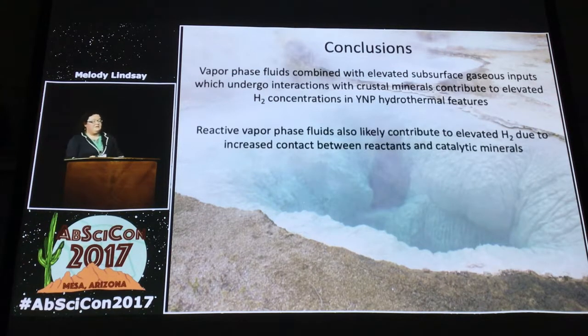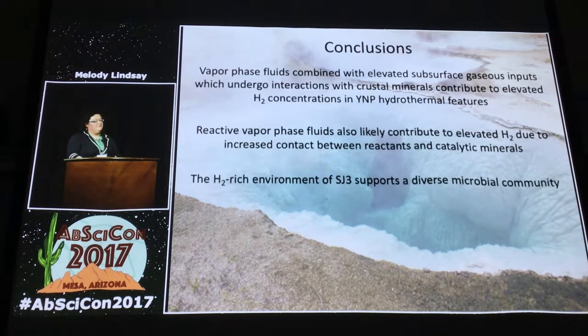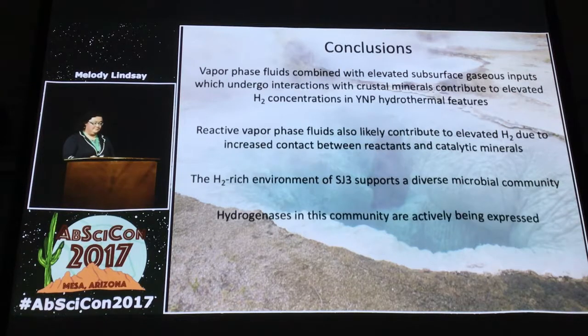And so the reactive vapor phase fluids also likely contribute even more to the elevated hydrogen present in these hot springs due to the increased contact between reactants and catalytic minerals in the subsurface. So the hydrogen-rich environment of Smokejumper 3 supports a diverse microbial community, especially within the context of Yellowstone hot springs. And we have this work in progress that shows that hydrogenases in this community are actively being expressed.